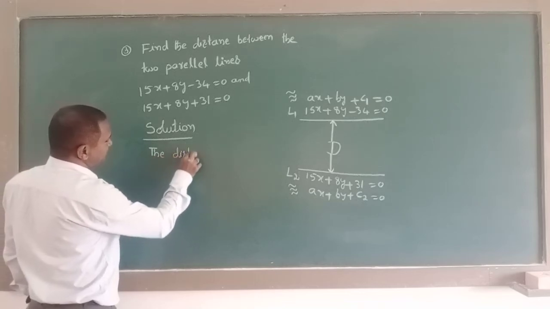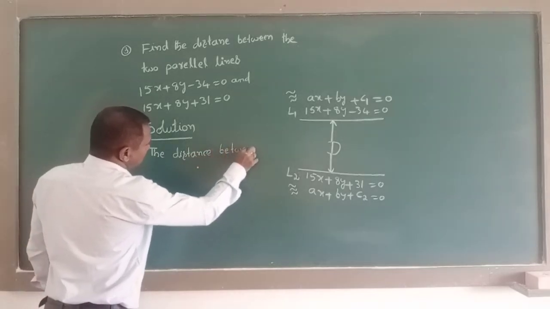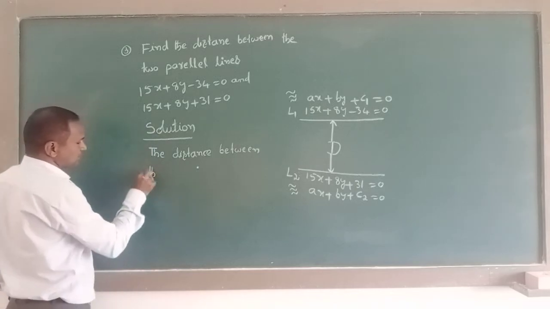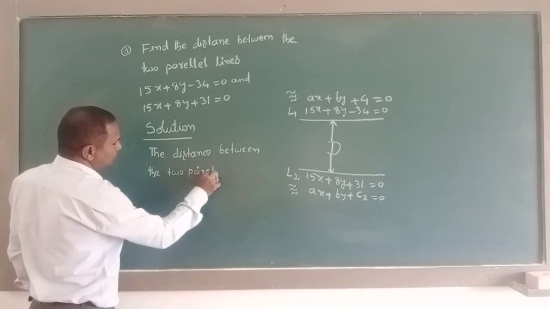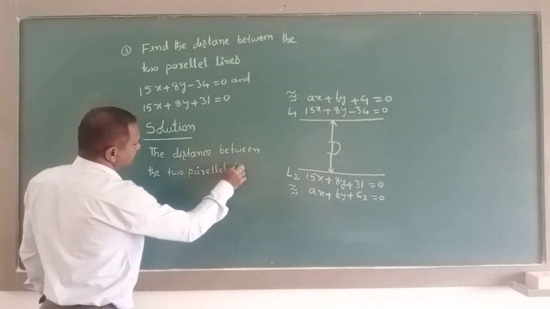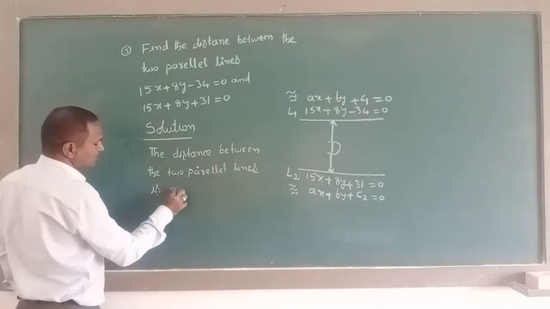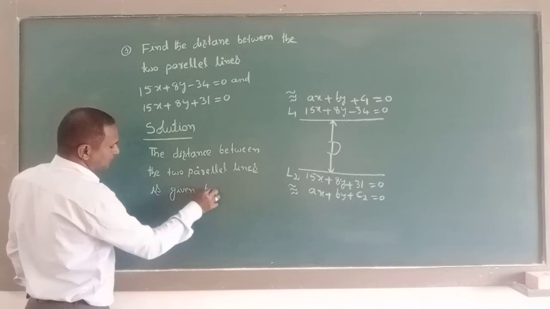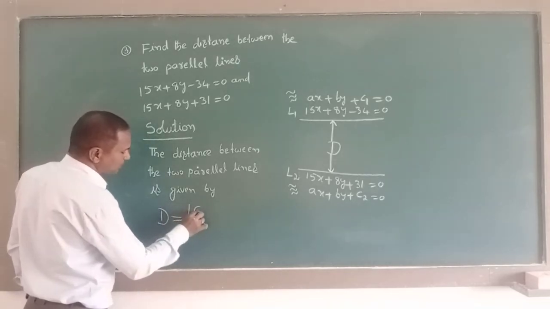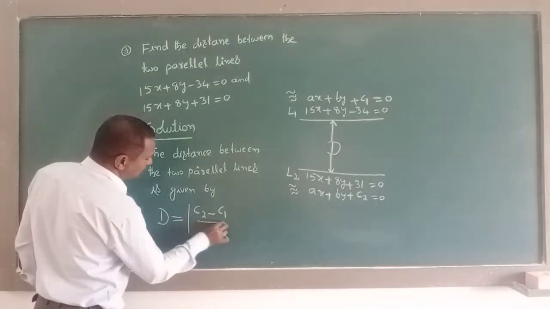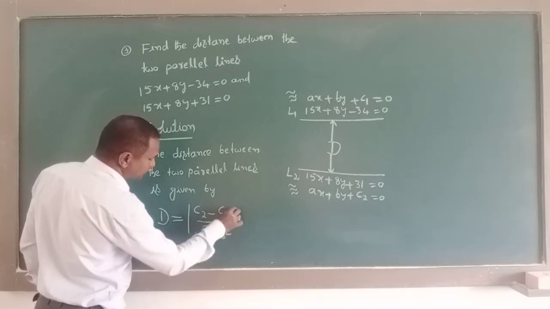The distance between the two parallel lines is given by d is equal to modulus of c2 minus c1 divided by square root of a square plus b square.